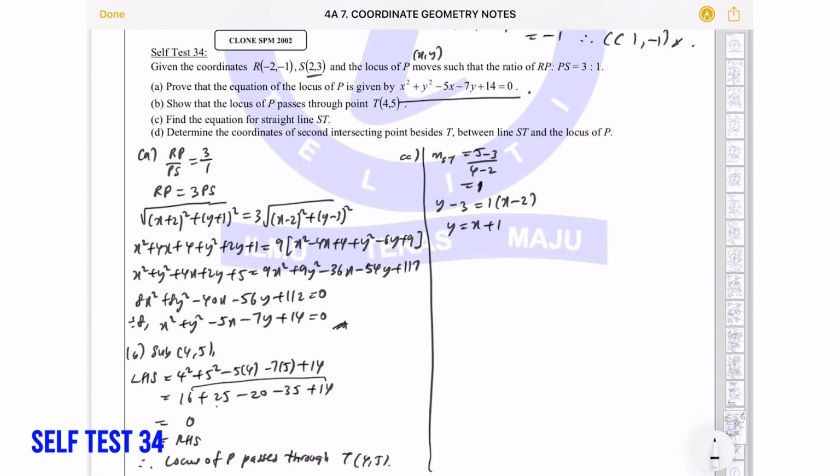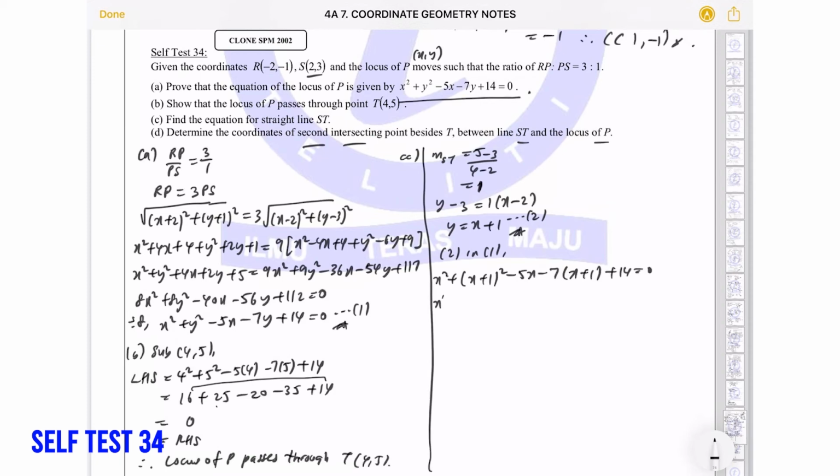Now, the next thing is we want to determine the coordinate of the second intersecting point besides T, between line ST and the locus of P. That means I call this equation 1 and equation 2, and I substitute 2 into 1: x squared plus, don't write y, write x plus 1, squared, minus 5x, minus 7 times x plus 1, plus 14 equals 0.